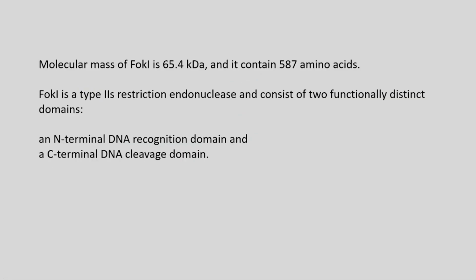The molecular mass of this enzyme is around 65.4 kilodalton, and it contains around 587 amino acids, and as already told to you, this is a type 2 restriction endonuclease, and it consists of 2 functionally distinct domains.